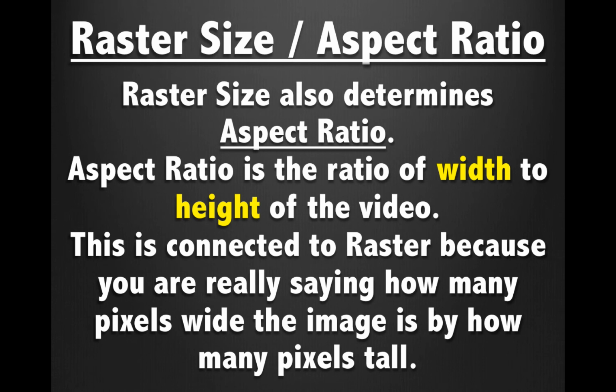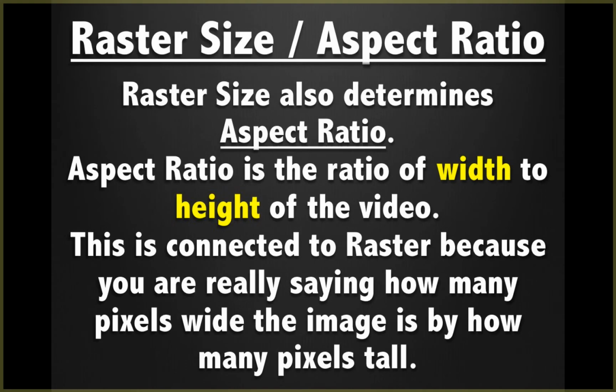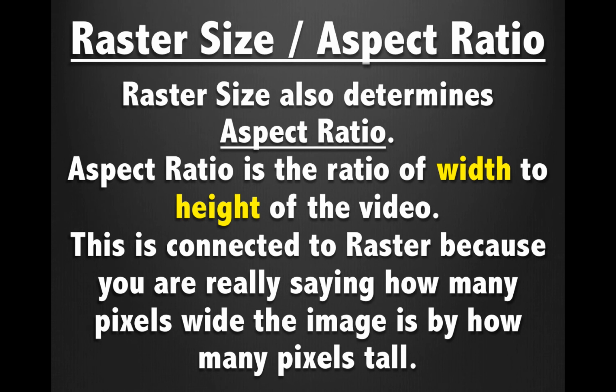Aspect ratio is the ratio of width to height of the video. This is connected to raster because you are really seeing how many pixels wide is your image by how many pixels tall. So it's different though. Aspect ratio is a different thing to take into consideration than resolution.